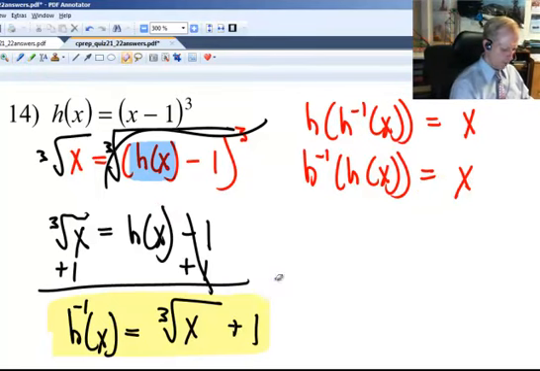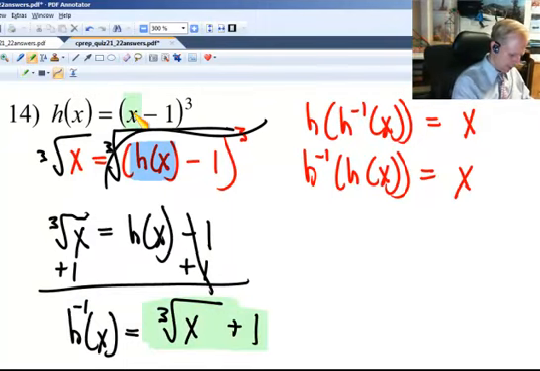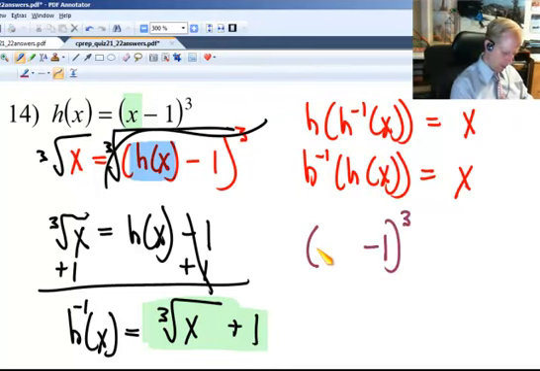All right, so let me do the first one, h of h inverse of x. For that one, I take h inverse of x and I put it into the equation wherever x occurs. And I check to see what I get. So the rest of the h of x stays the same, except instead of x, I'm going to have the cube root of x plus 1, because that's what my h inverse of x is.